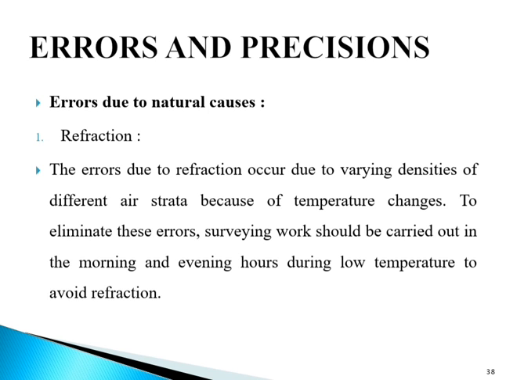And the last one is errors due to natural causes. If we talk about refraction, the errors due to refraction occur due to varying densities of different air strata because of temperature changes. To eliminate these errors, surveying work should be carried out in the morning and evening hours during low temperature to avoid refraction.